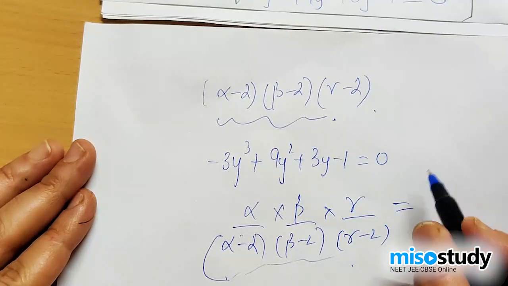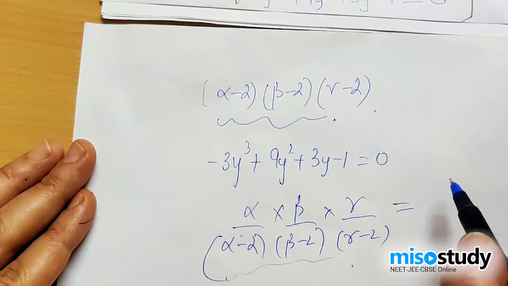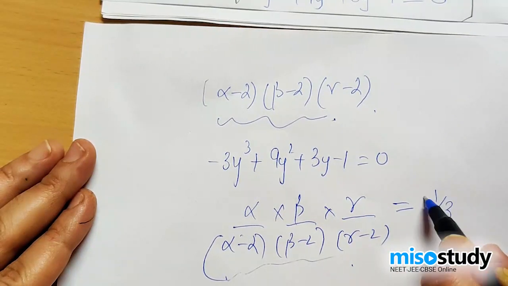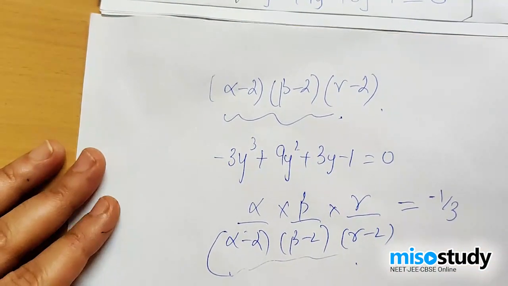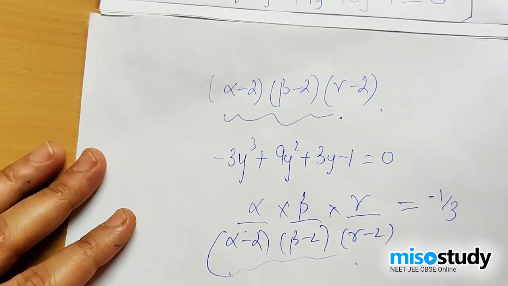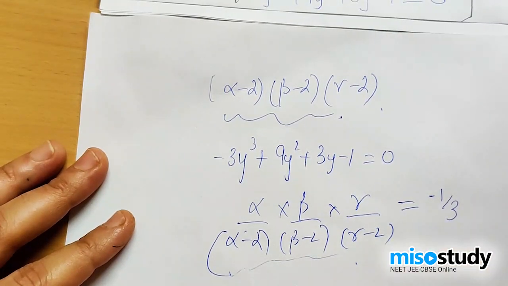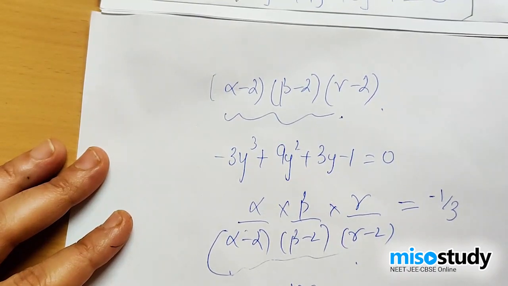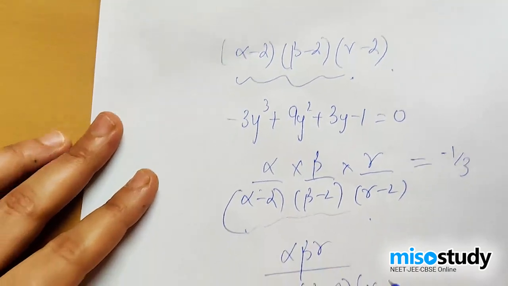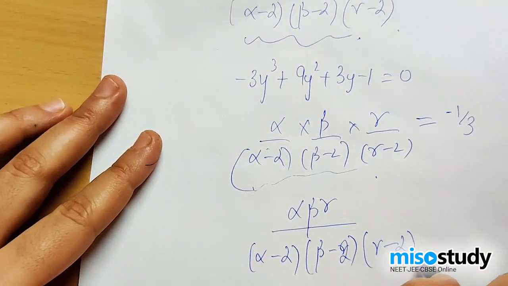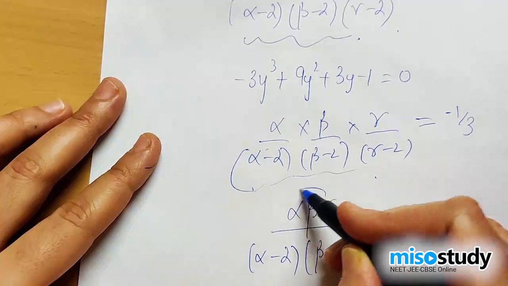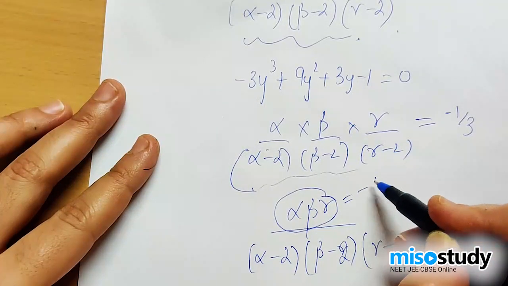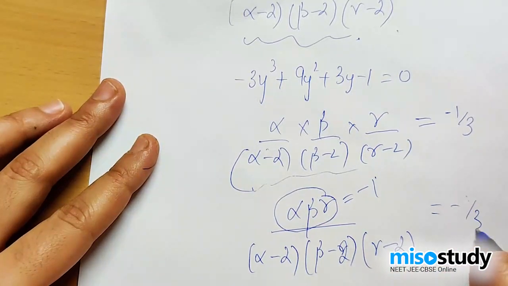The product of the roots is 1 by 3 with a negative sign. Okay, yes or no? And also I know the value of alpha beta gamma because alpha beta gamma are the roots of the given equation. This is 2. And in the given equation, the value of alpha beta gamma is given to be equal to minus 1, and this is equal to minus 1 by 3.